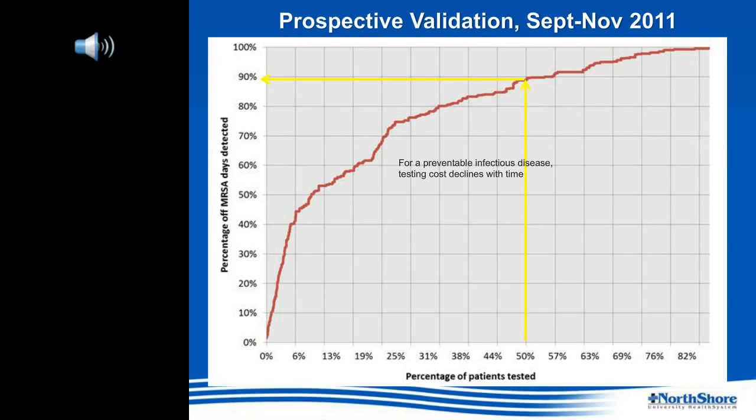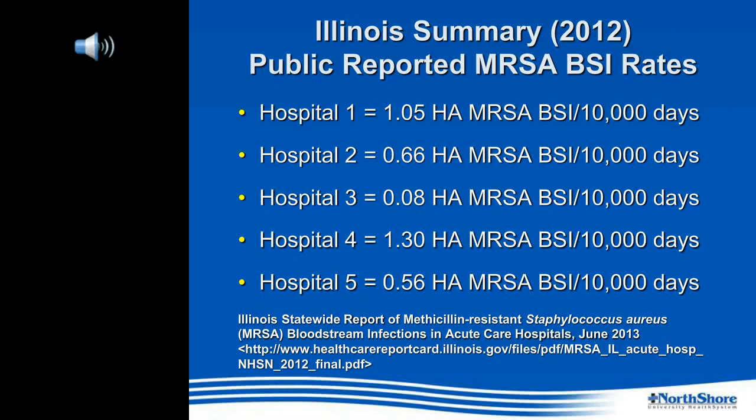And so right now, our electronic health record still screens everyone for likelihood of MRSA infection, but we only test 50%, and that captures the 90% that are most likely to have MRSA colonization. And this is another summary from Illinois.